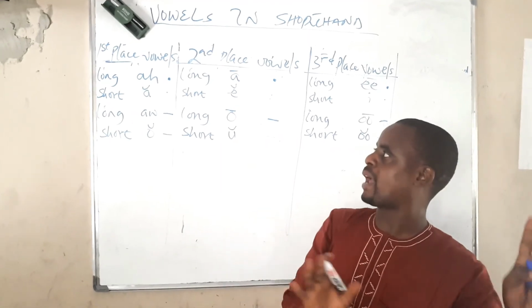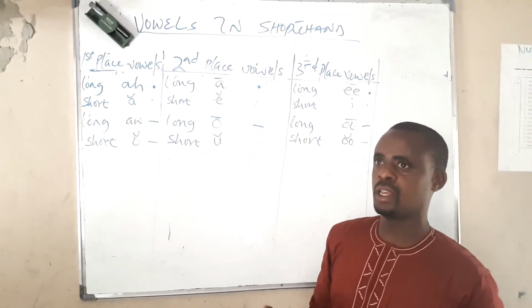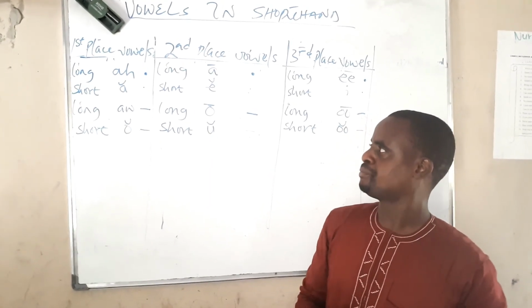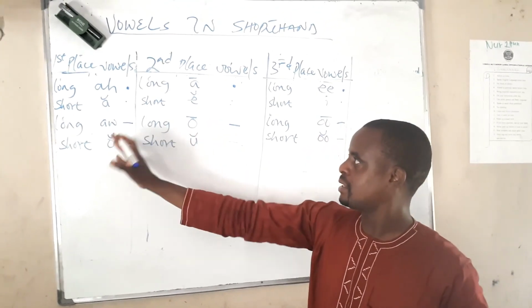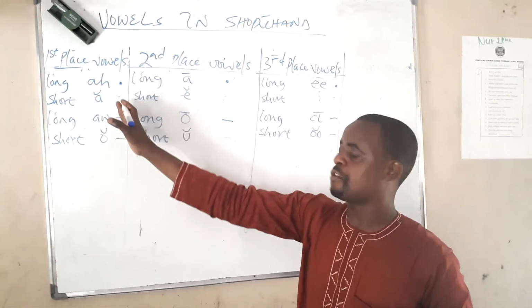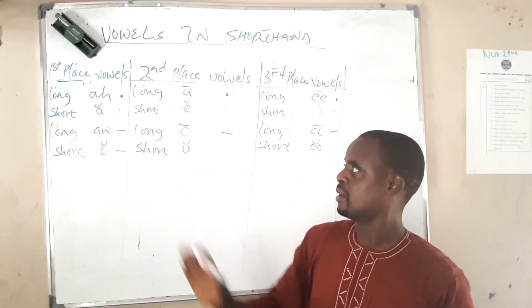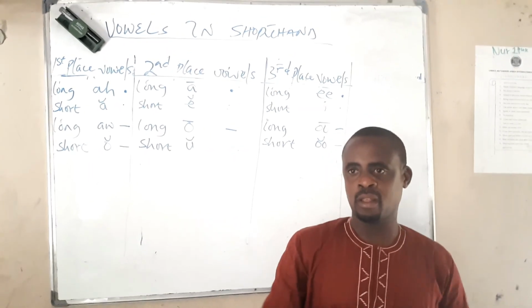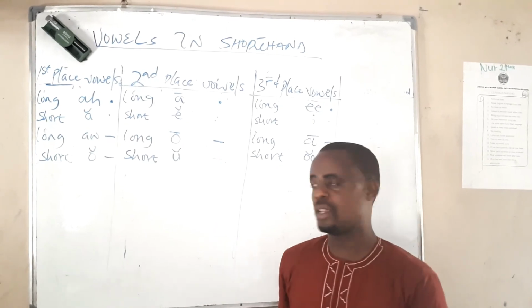So that's why we say we have 12 vowels. In each and every place we have 4 vowels. Don't forget, the vowel signs are the same: only dots and dashes, the heavy dot and the light dot, the heavy dash and the light dash.